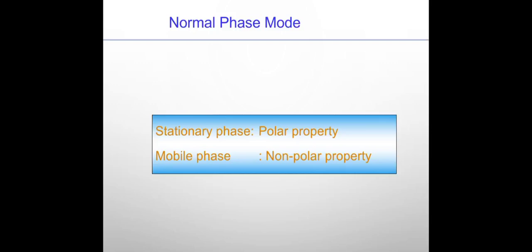As we saw earlier, this is called normal phase chromatography, where the stationary phase is polar and the mobile phase is non-polar. This combination is defined as normal phase mode. Normal phase chromatography or normal phase HPLC means the stationary phase is polar and the mobile phase is non-polar.